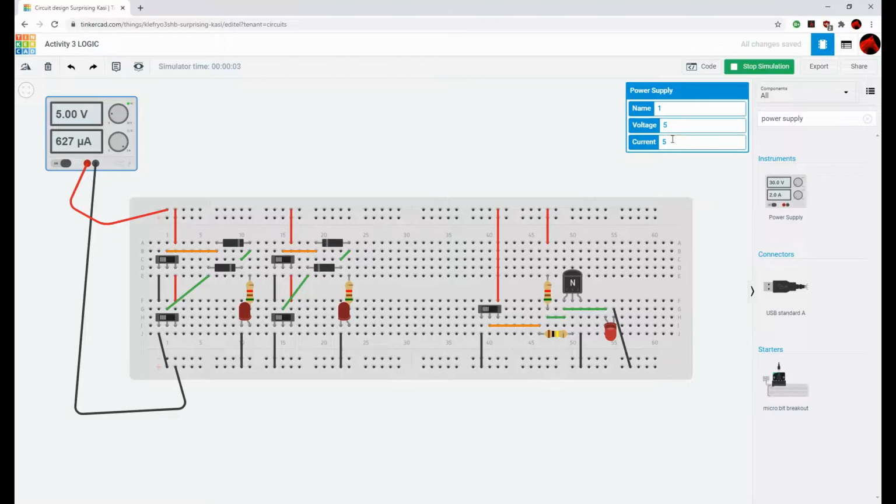So 5 volts up to 5 amps. Right now our circuit is drawing 627 microamps with one LED on the NOT gate. 0 volts in is a low, inverted to a high. If we connect it to the 5 volts by clicking the slide switch, our high becomes a low.